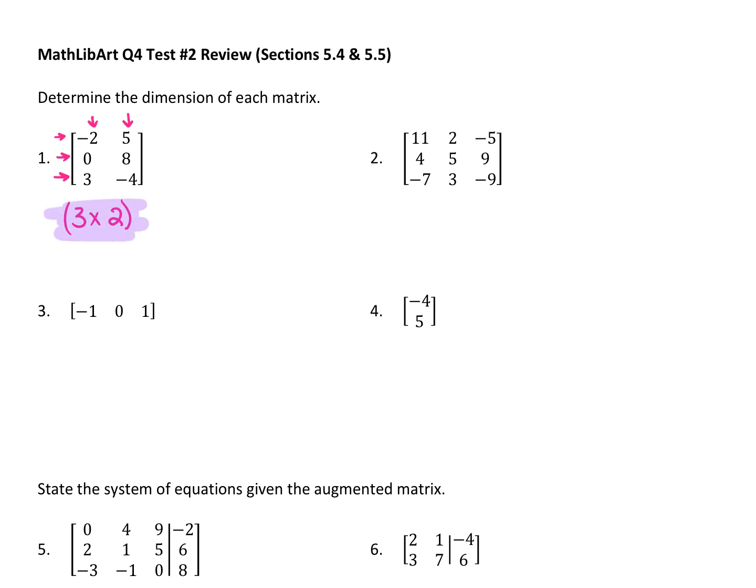For number 2, you have the matrix 11, 2, -5, 4, 5, 9, -7, 3, -9. For this one, you have 1, 2, 3 rows by 1, 2, 3 columns. So this is just a 3 by 3.